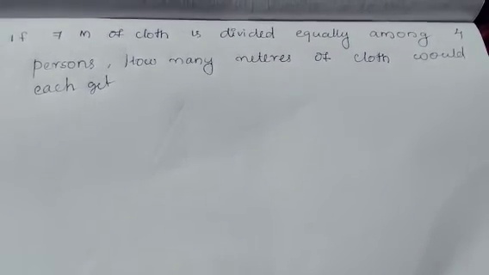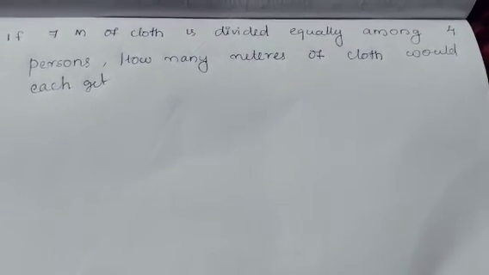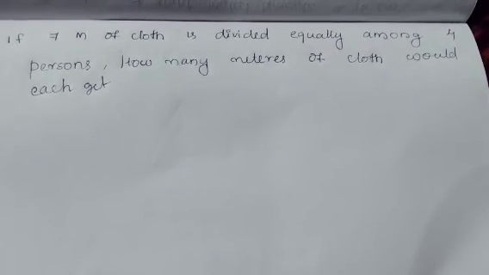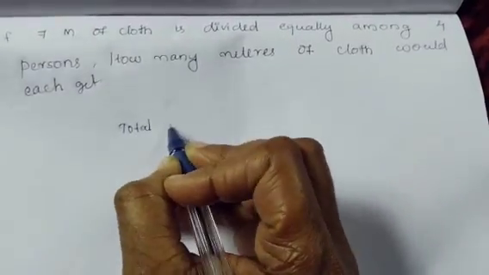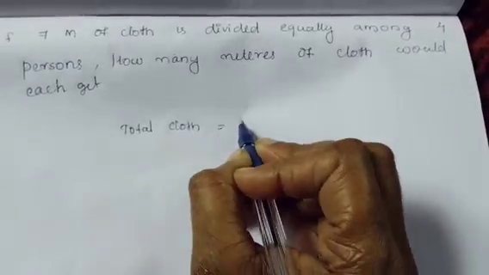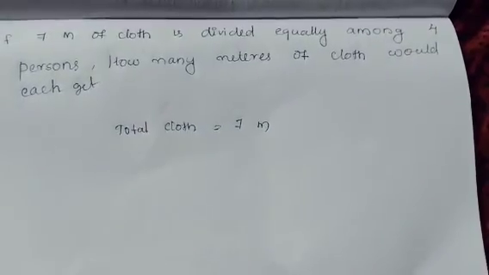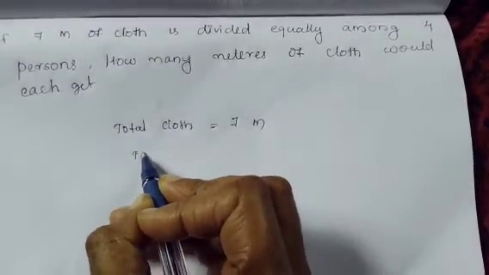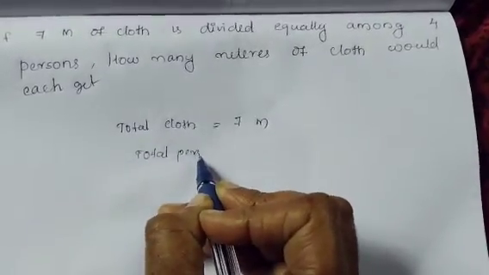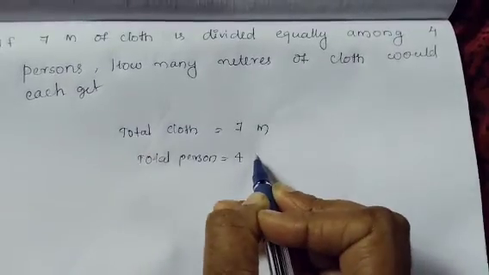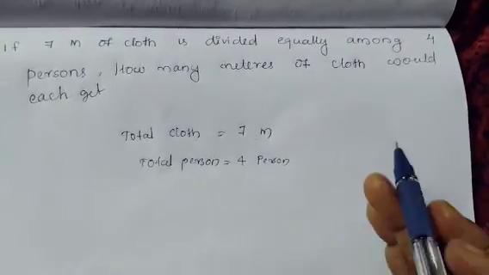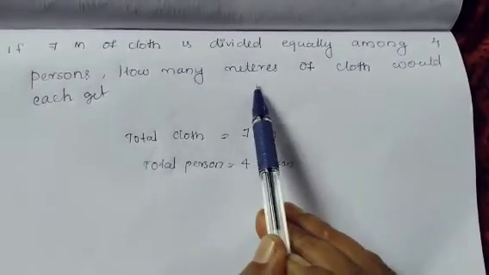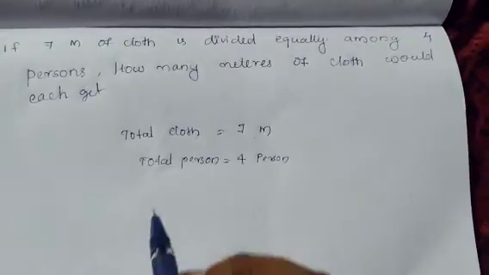This is my first question. If 7 meters of cloth is divided equally among 4 persons, how many meters of cloth would each get? The total cloth is 7 meters and there are 4 persons. We want to find out how many meters of cloth each would get.